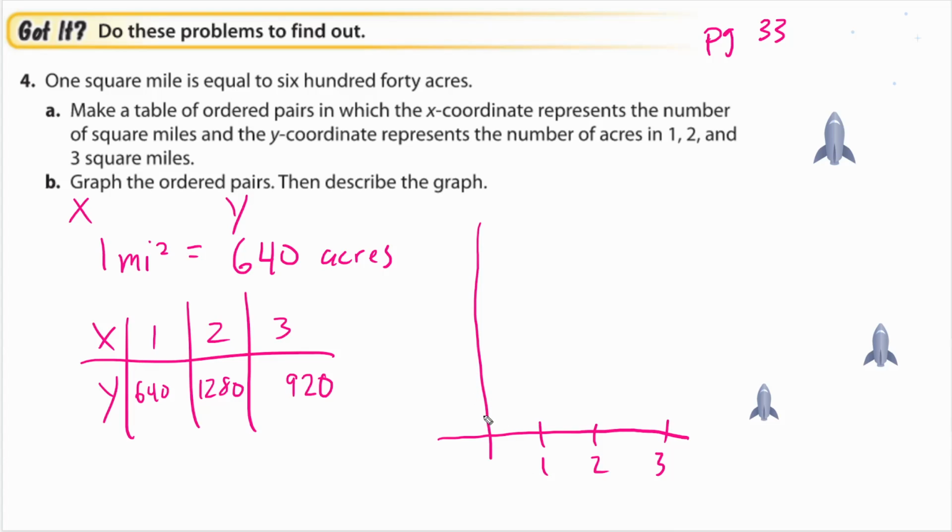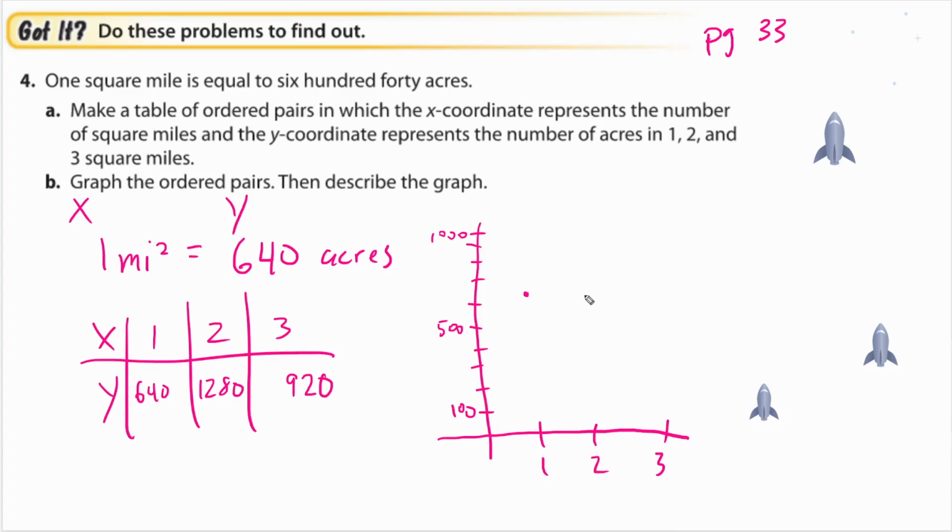So here will be 1,000, so right here will be 500. So 1 and 640 will go right about there.